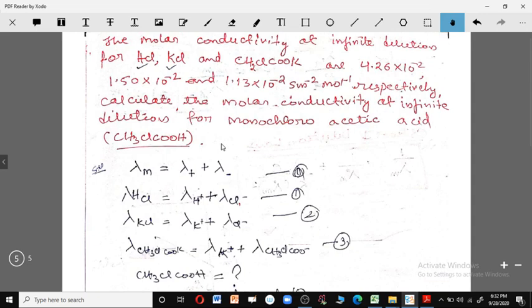Similarly, in another question you have the molar conductivity at infinite dilution for HCl, potassium chloride, and CH2ClCOONa, respectively HCl is 4.25 into 10 raised to power 2.